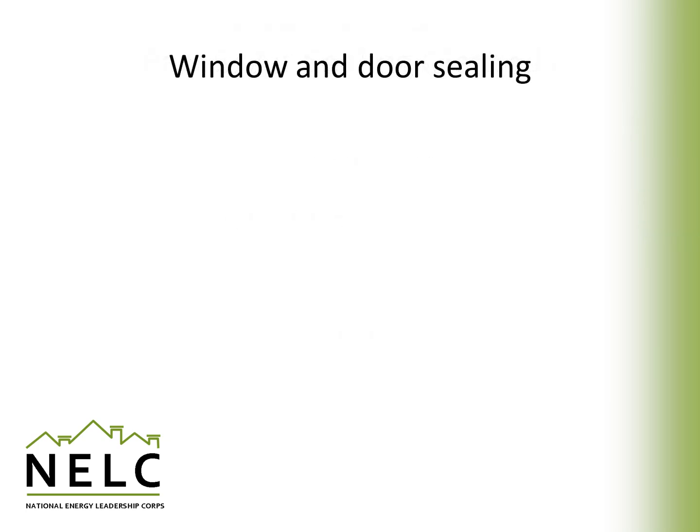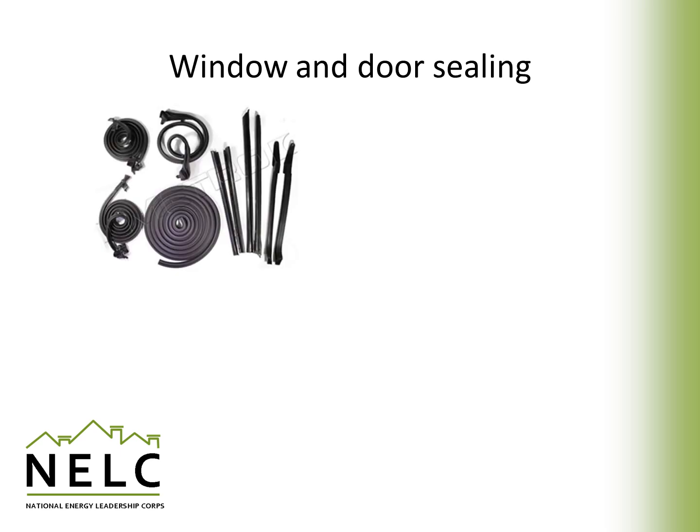Taking a look at window and door sealing, there are many products on the market that can be used to help improve or replace the gaskets or fill in the gaps around the perimeter of doors and windows, often referred to as weather stripping.